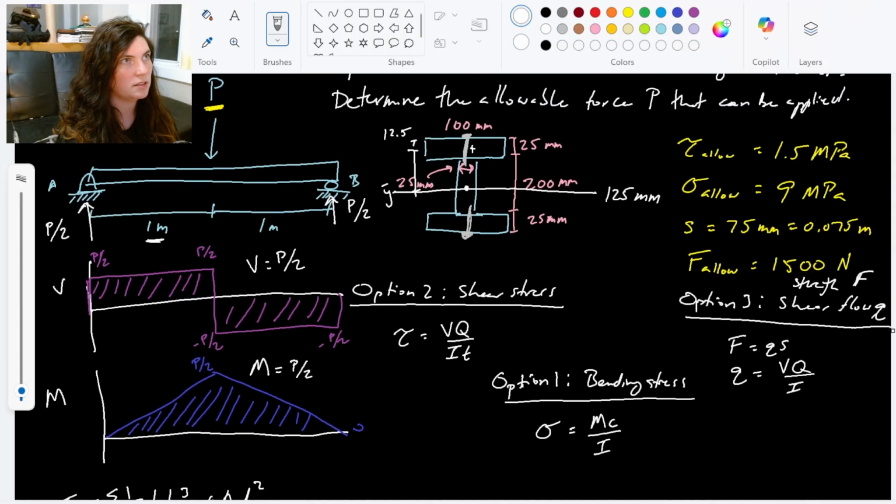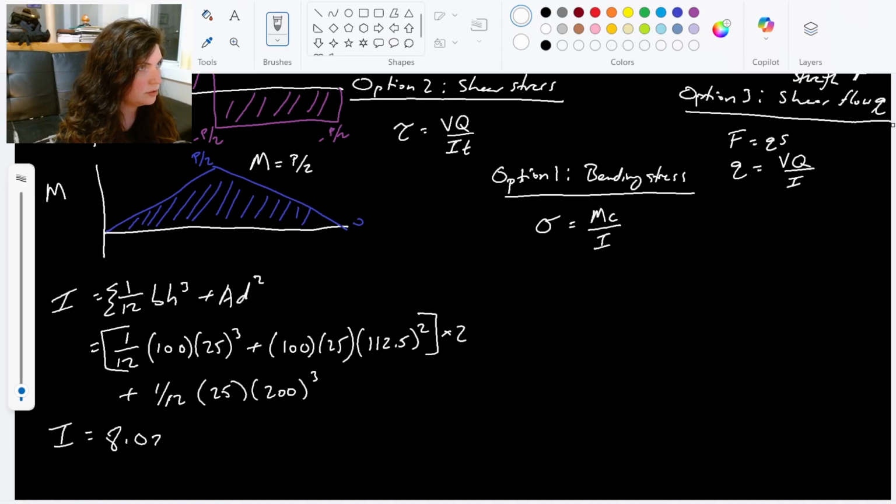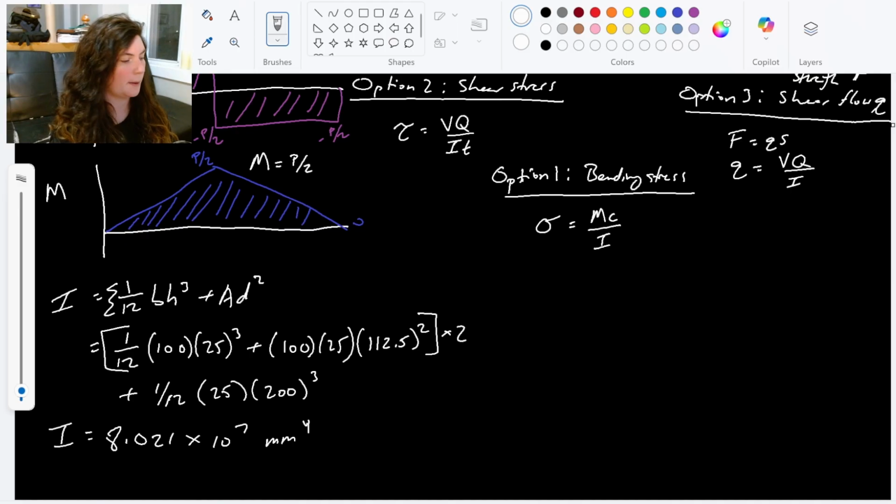What's the base on that? 25 times a height of 200 cubed. So my moment of inertia works out to be 8.021 times 10 to the 7th millimeters to the 4th. Excellent. So I have something to plug in for V.